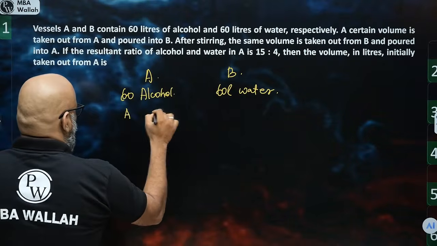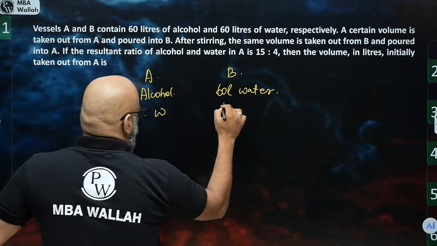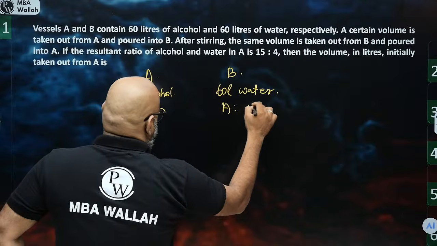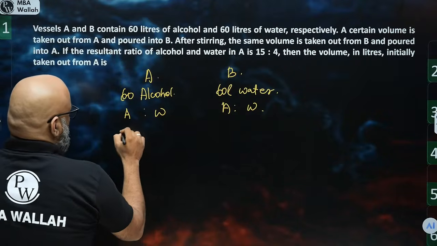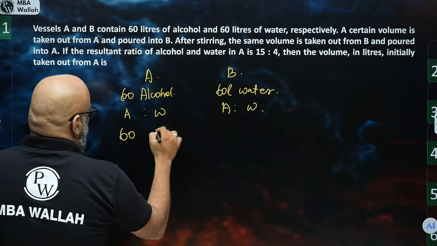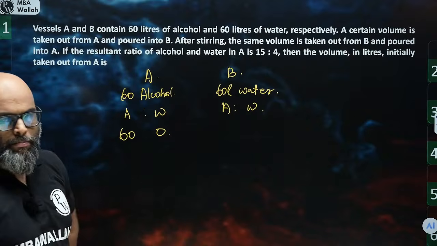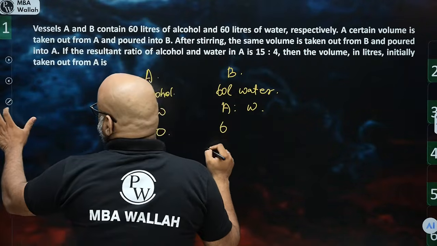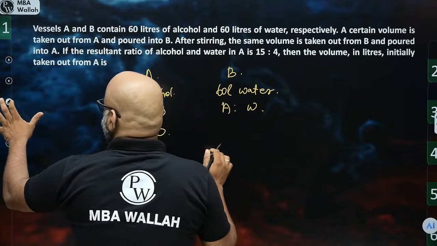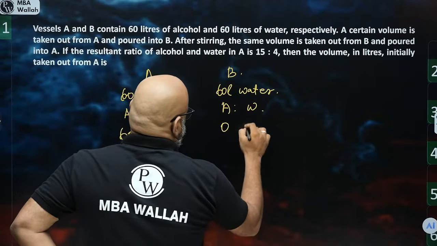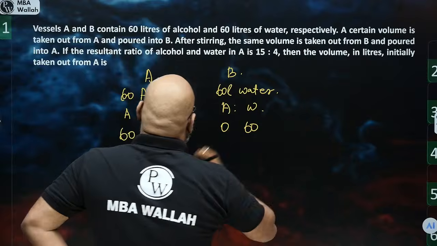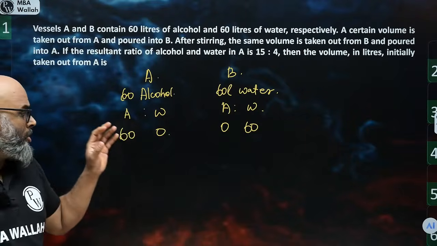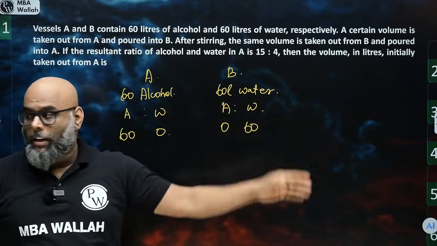So alcohol to water initially: here it was 60 liters of alcohol and 0 liters of water. Here it was 0 liters of alcohol and 60 liters of water. So that's how it was, 60 liters alcohol and 60 liters water.